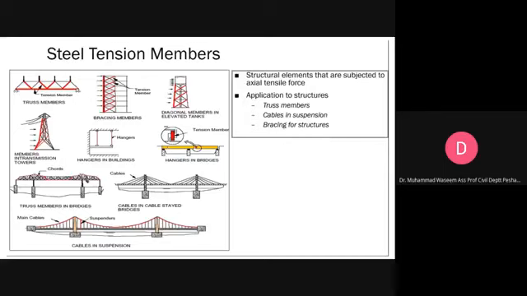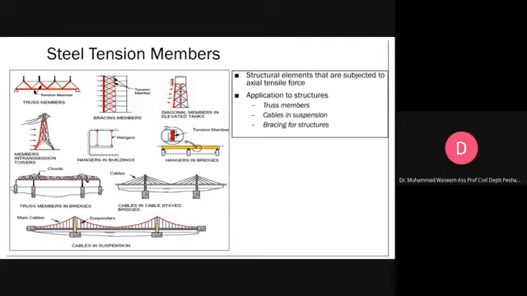So when we talk about tension members, tension members can be found in a variety of structures. Like in truss members you have tension members. In bracing, they can be found in steel structures as bracing members.